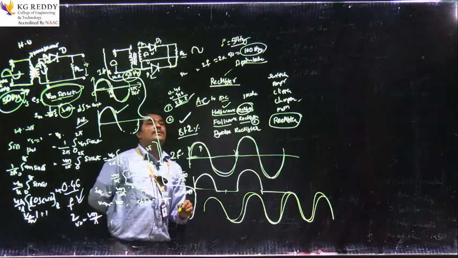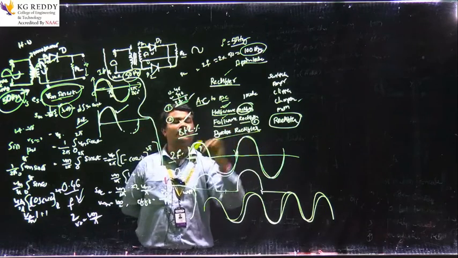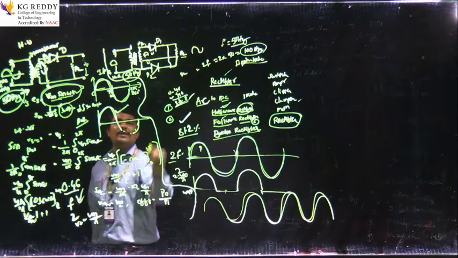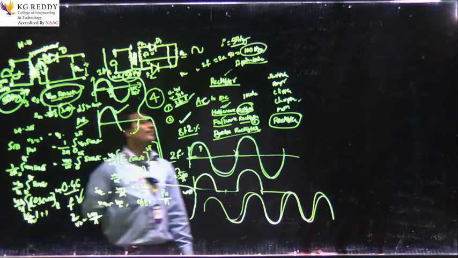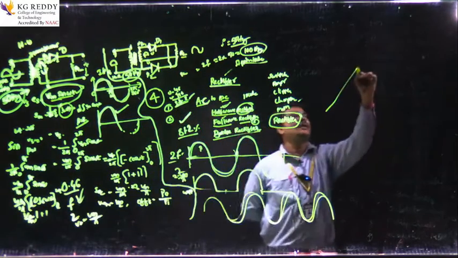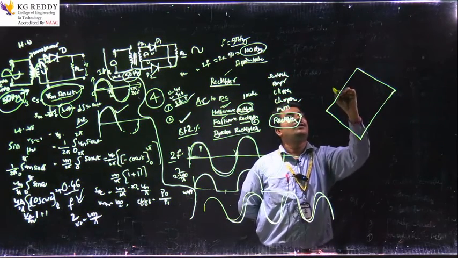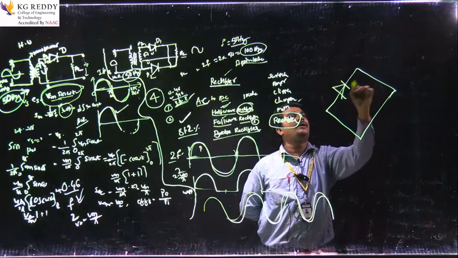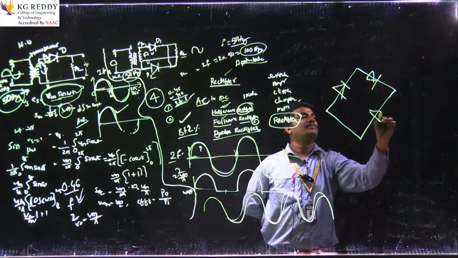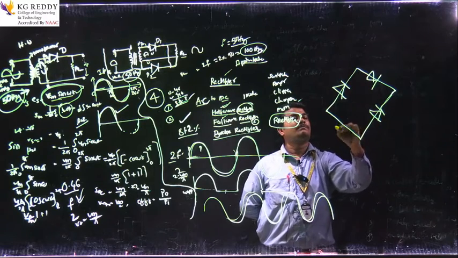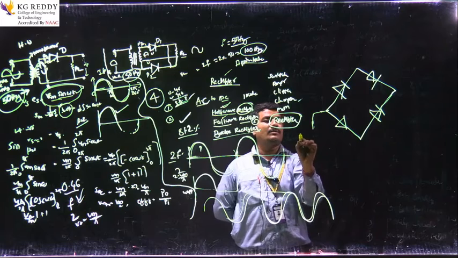This is the half wave rectifier and the full wave rectifier. Coming to the bridge rectifier: how many diodes does a bridge rectifier consist of? 4 diodes, just like a bridge. Bridge means a closed form. Here we apply the diodes in this direction, and we connect the transformer.